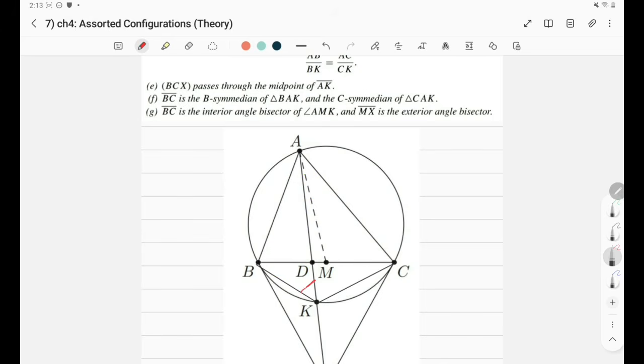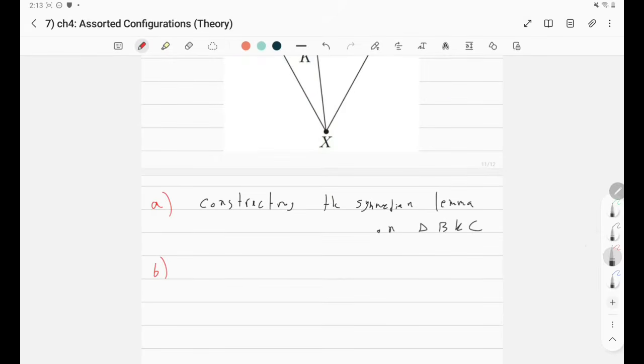We have, first of all, this angle here is equal to this angle. Nice. Do we have other angles? If you look at it, do we have these two are equal? Of course we have, because these are isogonals, right? So yeah, actually that's enough already. So let's just quickly sketch the proof. So you can just say that BAK equals MAC.